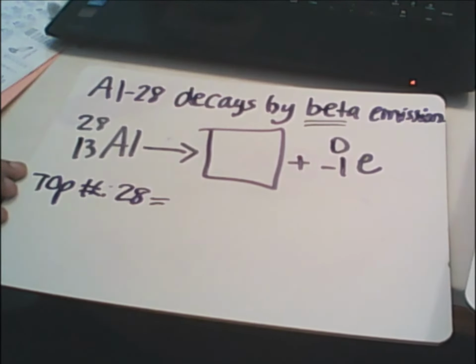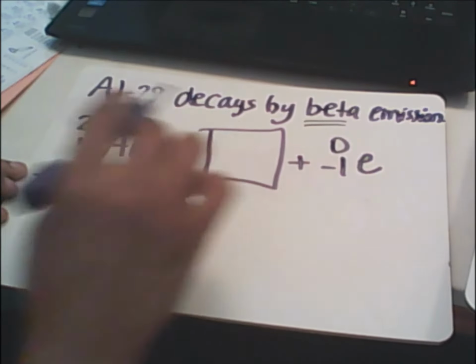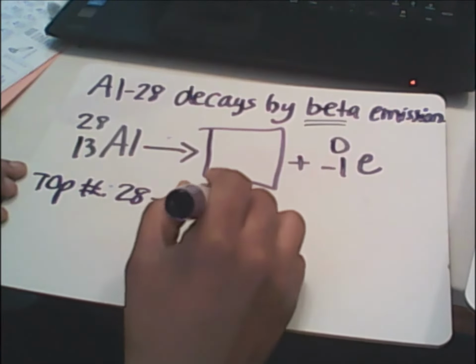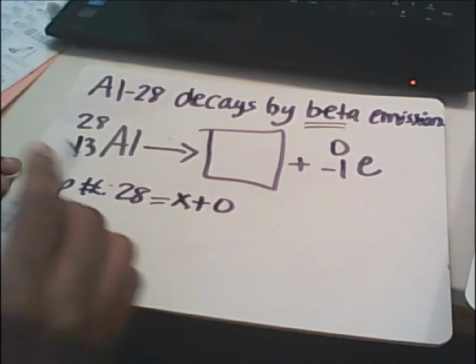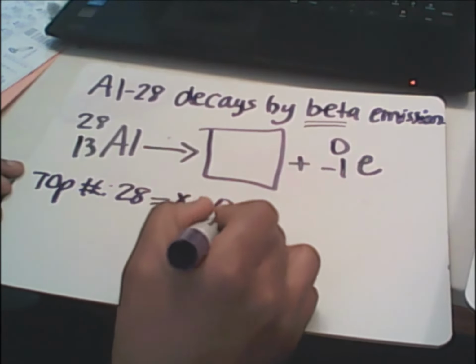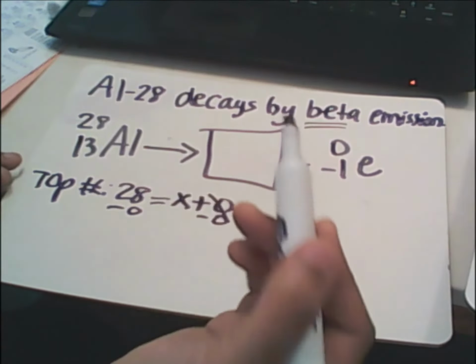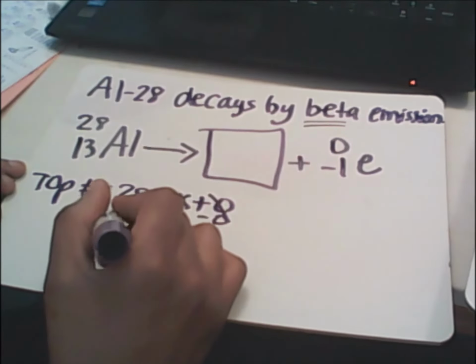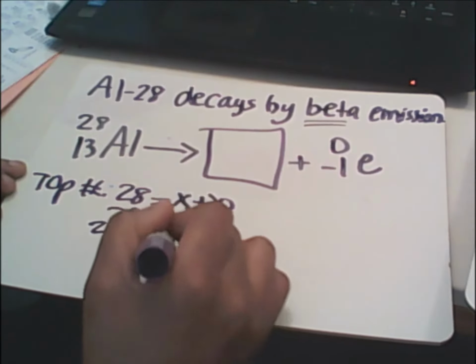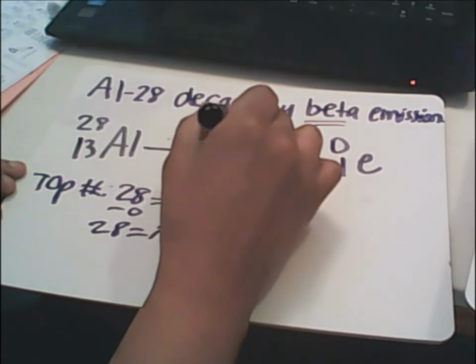The arrow is going to be drawn out with an equal sign just so you can see how we're figuring this out. My X is what I'm looking for in the box plus 0 at the top. When I subtract 0 from both sides, as in your old basic math classes, 28 equals X. That's going to go on the very top.